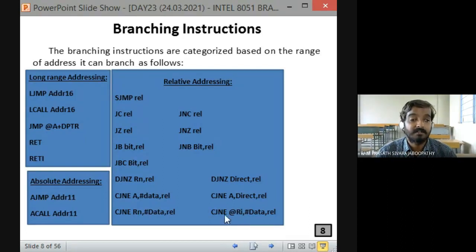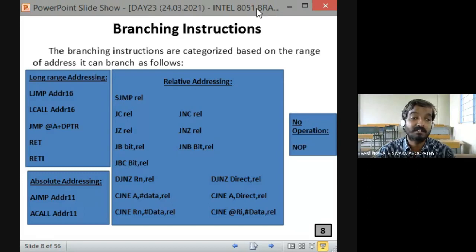In the case of the last instruction, CJNE @Ri, the RAM memory is indirectly pointed by R0 or R1. It is going to be compared with the immediate data. If it is not equal, then it is going to jump to the specified location by the offset value. Yes, I hope it is clear to everyone.